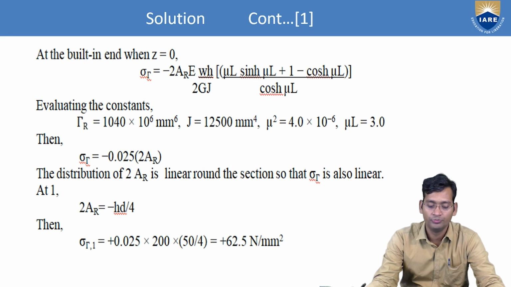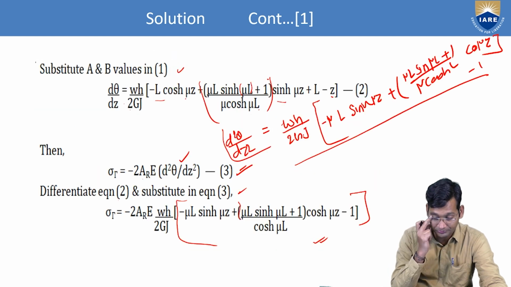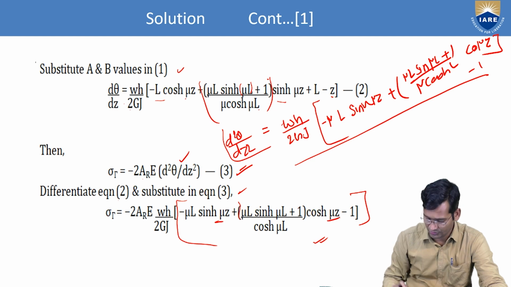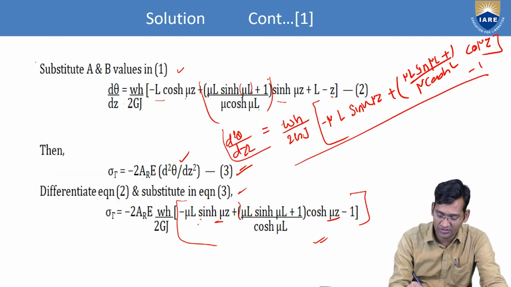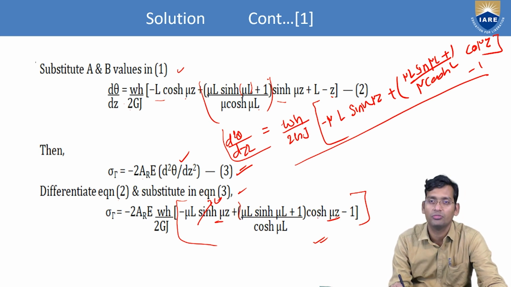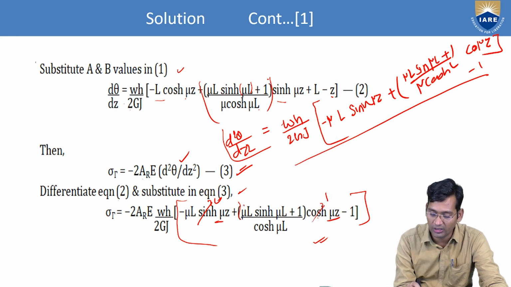Okay. Now at the built-in end, when z is 0, put the value of z here as 0. So let's see here, two terms are there when z is 0. After substituting, this term will be 0. And here after putting this, cosh μ into 0, right? So cosh 0 gives you 1. So this becomes 1. So what is left?